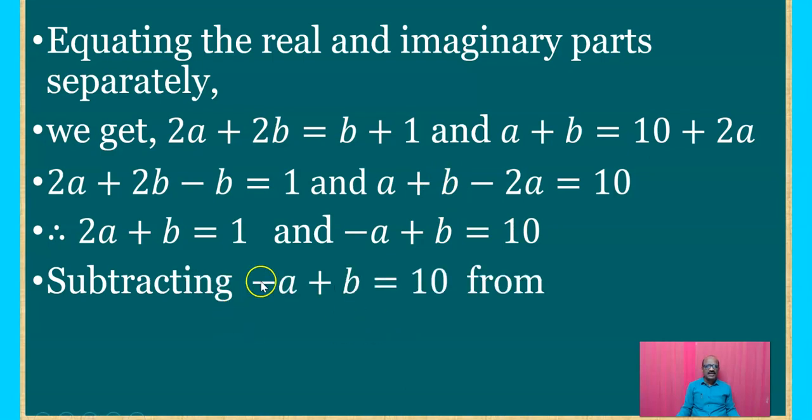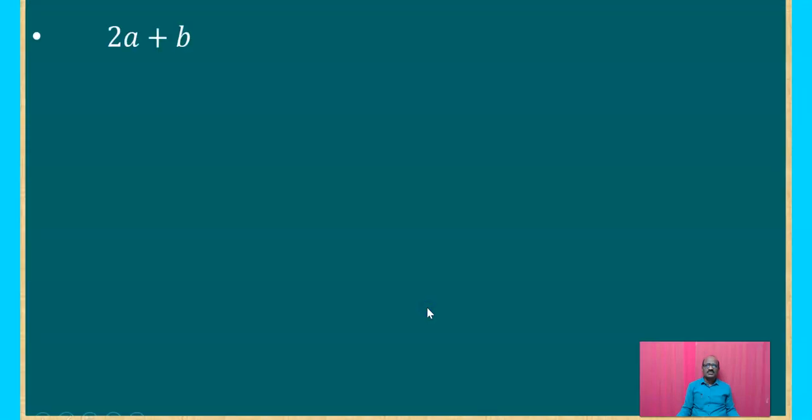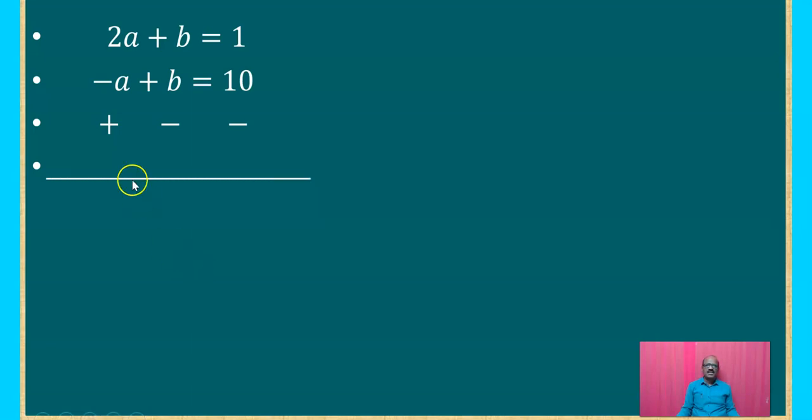Subtracting minus a plus b is equals to 10 from 2a plus b is equals to 1, then after simplification, change the sign, b will get cancelled. See this here, 2a plus a, that is 3a, and 1 minus 10, it's minus 9. Therefore, a is equals to minus 3.